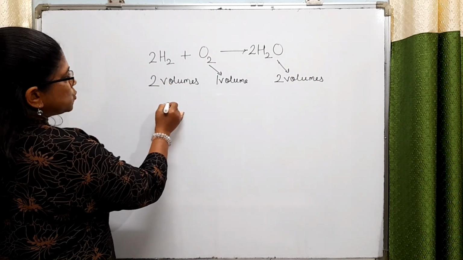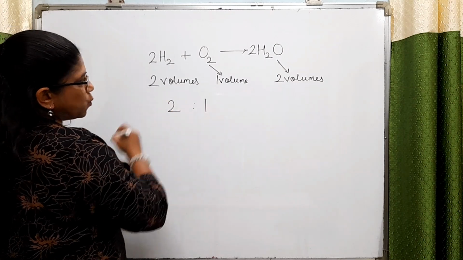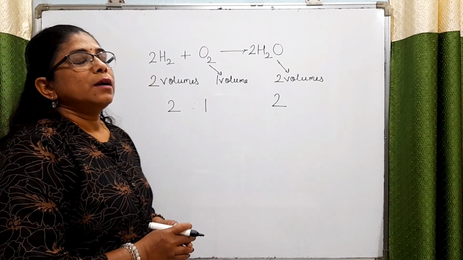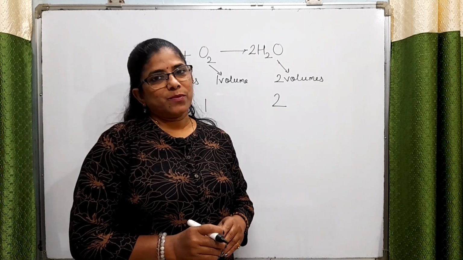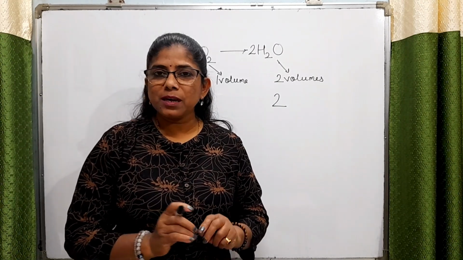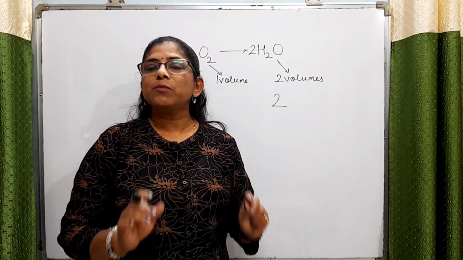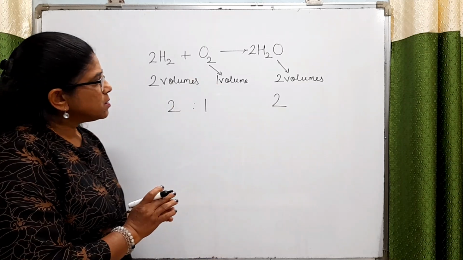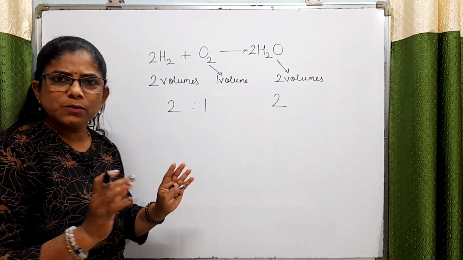Means here the ratio is 2 is to 1, and here we get 2 volumes. And the condition here is that reactants as well as products are in gaseous state. Temperature and pressure is going to remain constant throughout the reaction. So in simple words, this is Gay-Lussac's law.